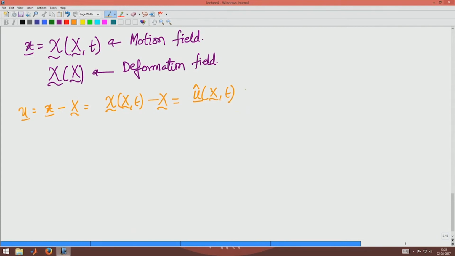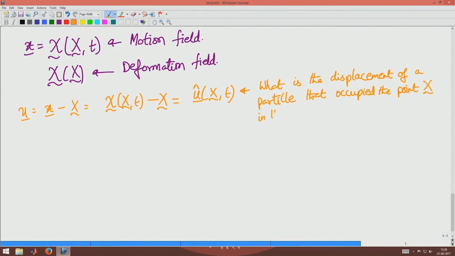It tells us what is the displacement of a particle that occupied the point capital X in the reference configuration.